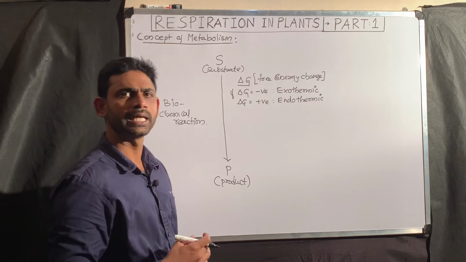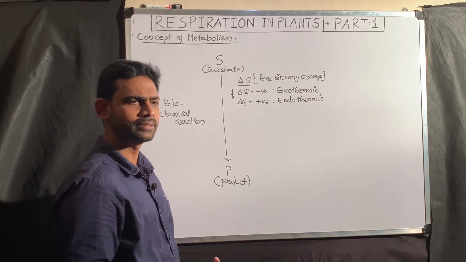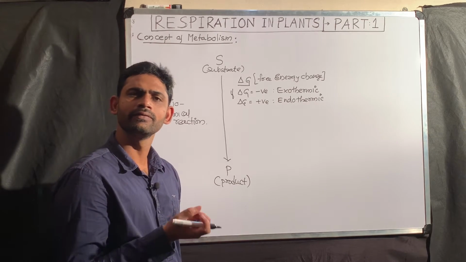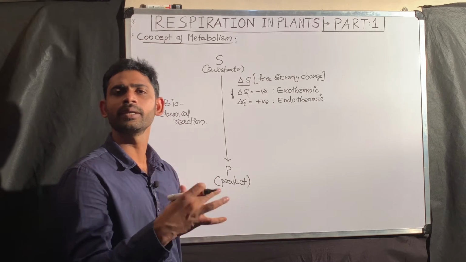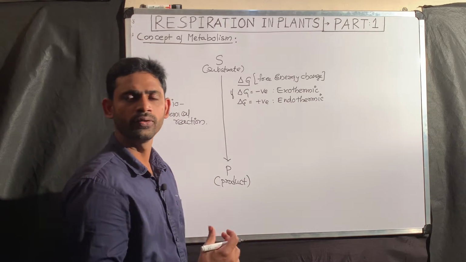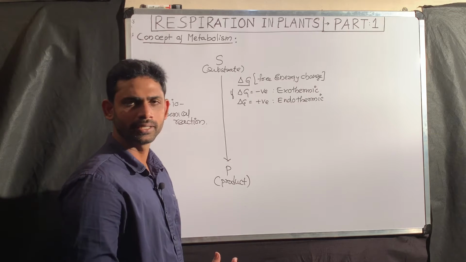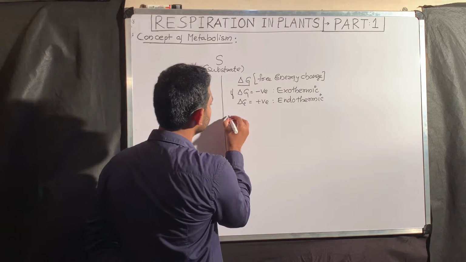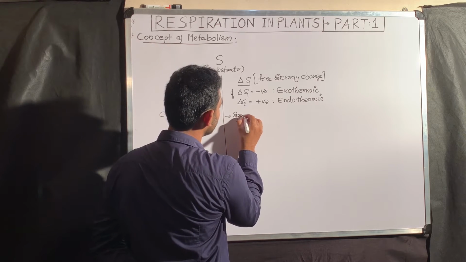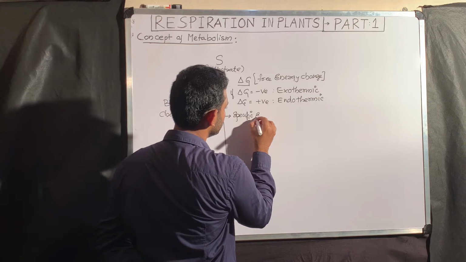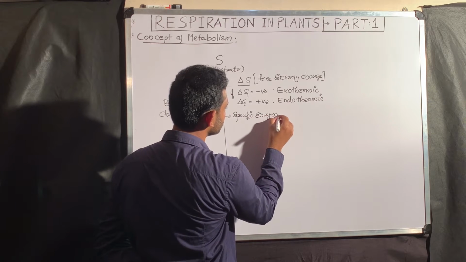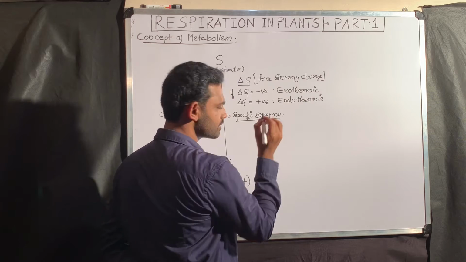Now coming to the biochemical reaction. Chemical reactions occurring within a cell are called biochemical reactions. As we know, each and every biochemical reaction is mediated by a specific enzyme.